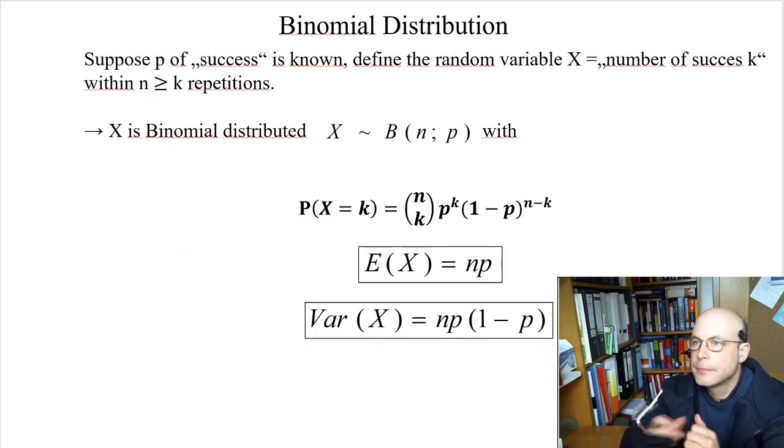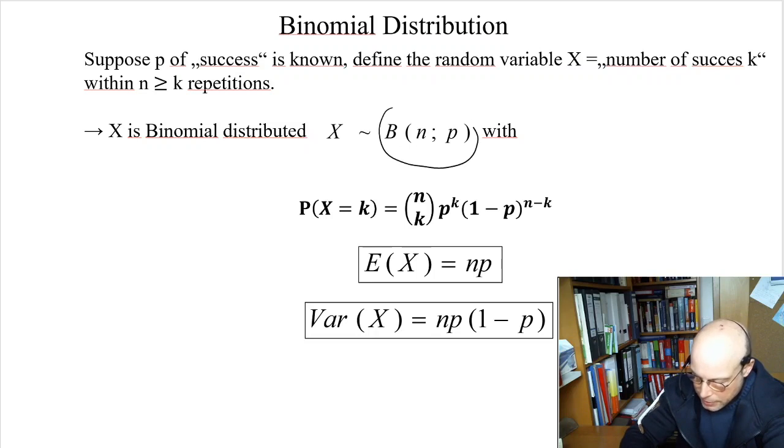And then I think you already have seen this. We need the so-called binomial coefficients. These binomial coefficients you also know from the Pascal triangle.